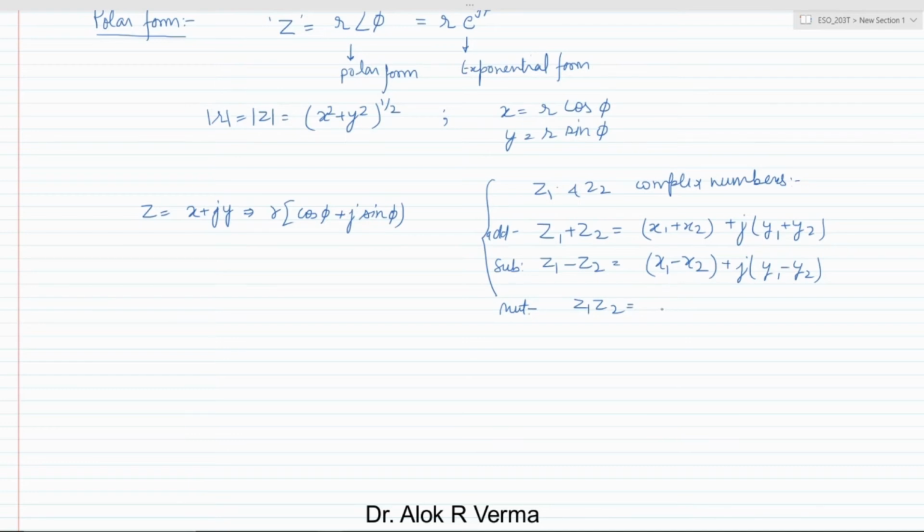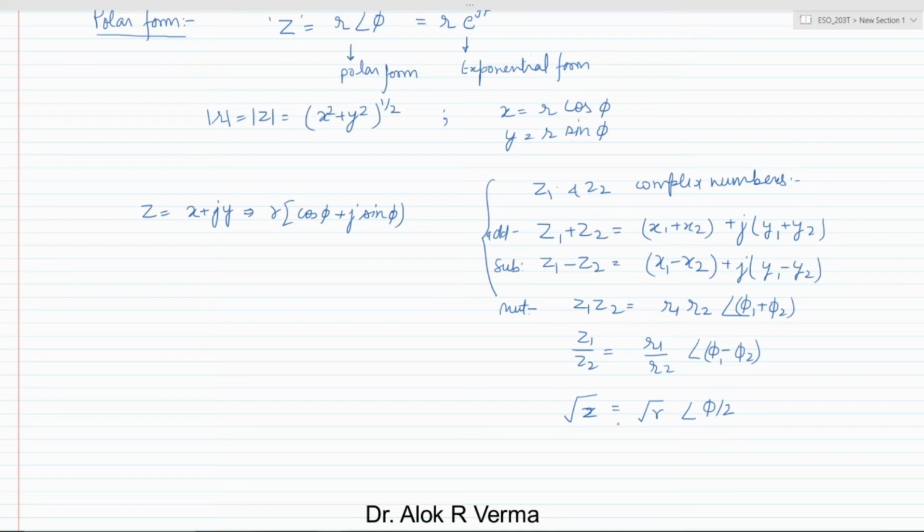It will be easy if you use polar form. So r1 r2, and the angles will add up, phi 1 plus phi 2, and for z1 by z2, this will be r1 by r2, and the angle will be phi 1 minus phi 2. If you want the square root of z, this is nothing but root of r, and the angle will just go half.